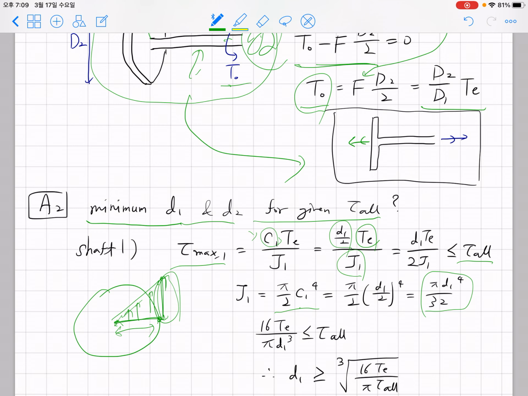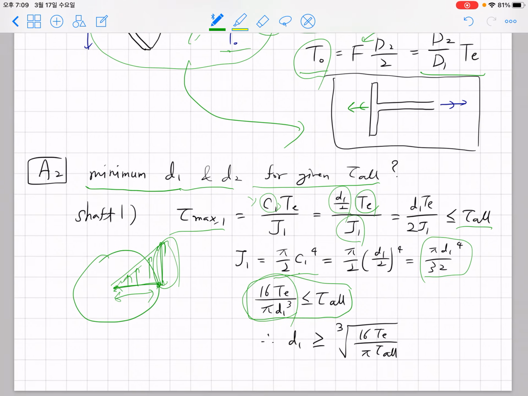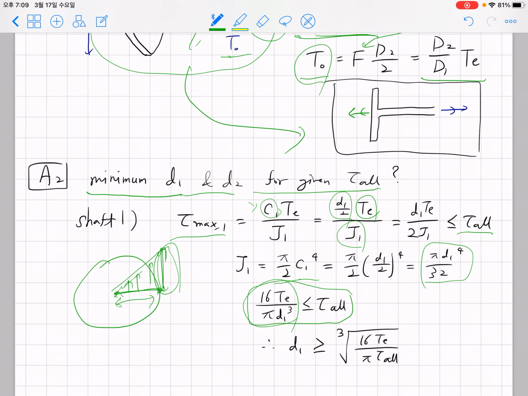Now after plugging in all those expressions, we end up having this tau max, and tau max must be smaller than tau allowable. Then after massaging the equation in terms of D1, we have this inequality: D1 must be larger than or equal to 16 times T over pi tau allowable, to the 1/3 power. Okay, so this is the expression for D1.